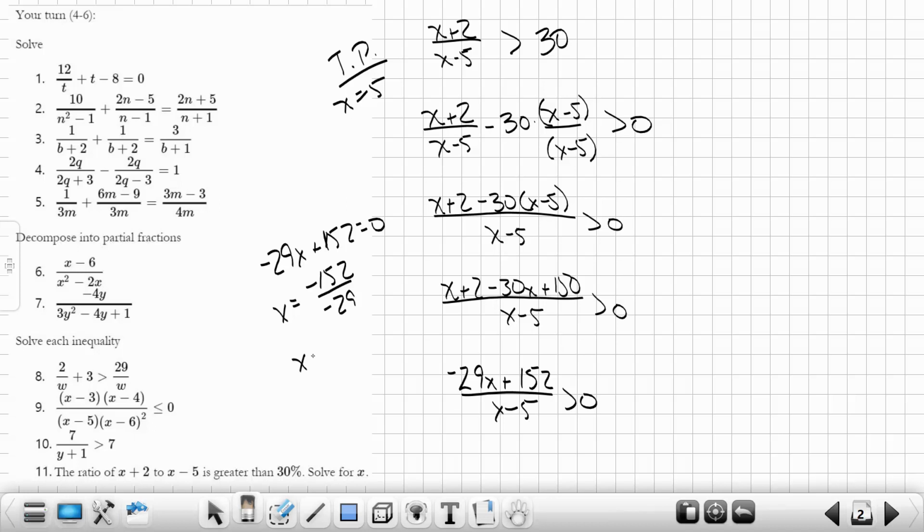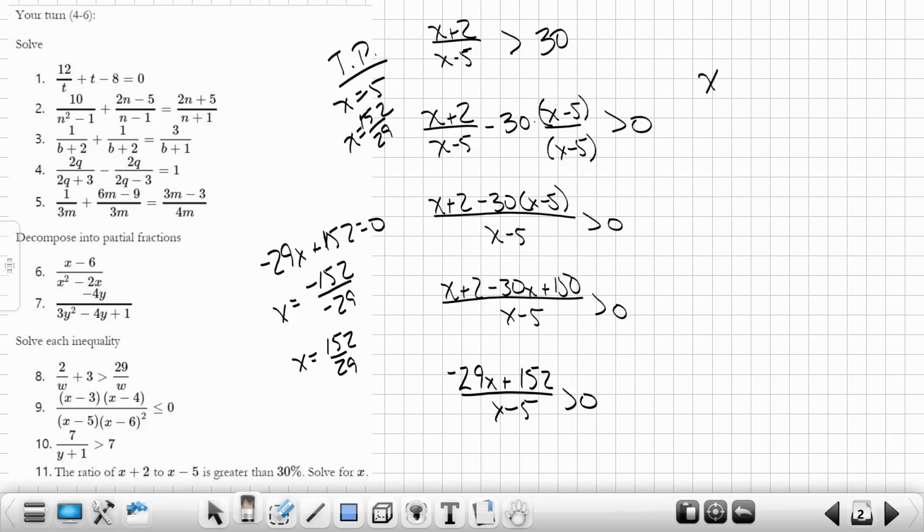So x is 152 over 29. But let's get a ballpark estimate just so we can pick some good test points. So let's say, well, that's about 5.2-ish. I'll pick something. So 5 and 5.2.